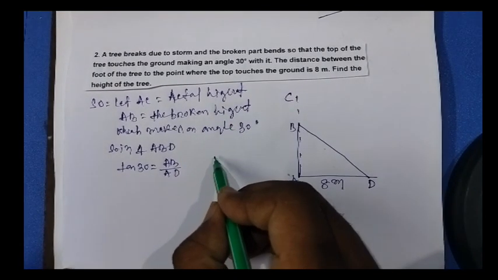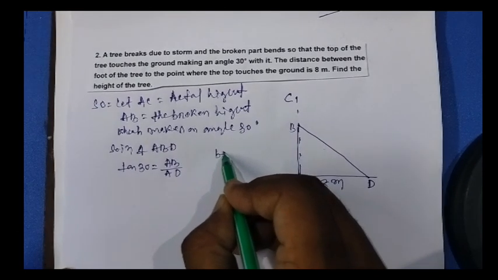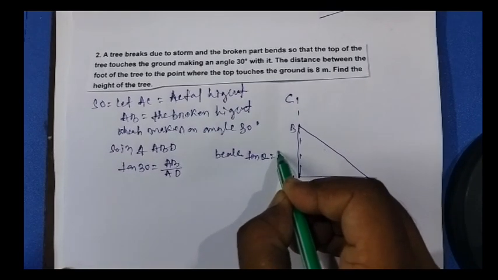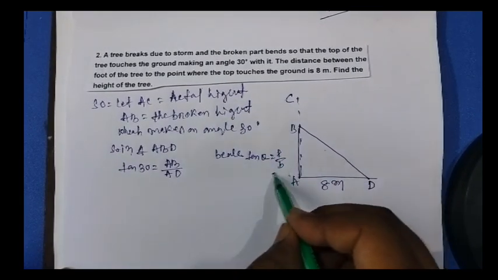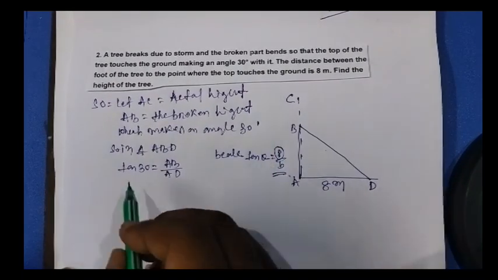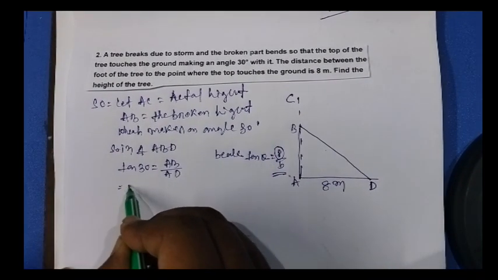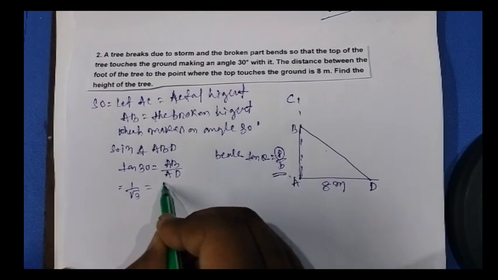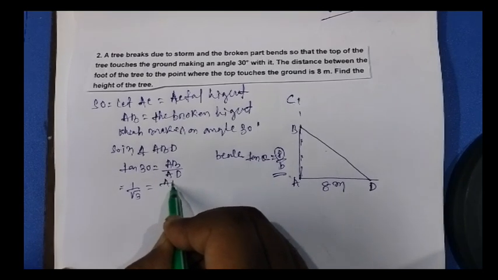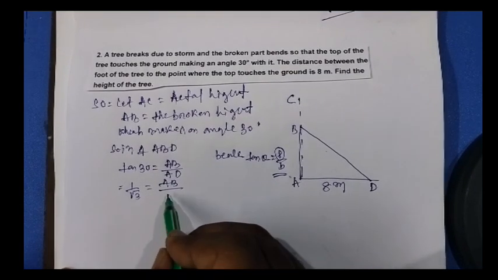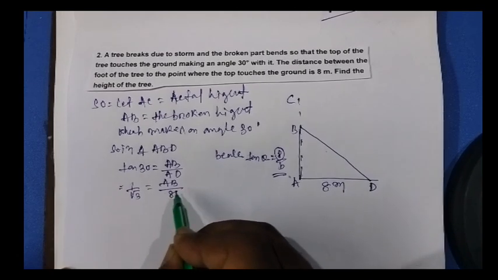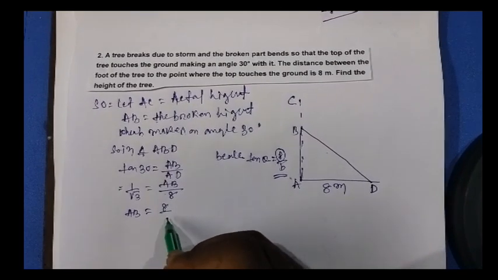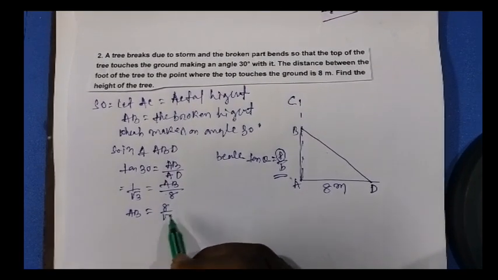Here we have to find tan 30 because tan theta is equal to P by B. B is given, we have to find the P. So tan 30 is equal to 1 by root 3 is equal to AB by 8, or AB is equal to 8 by root 3 meter.